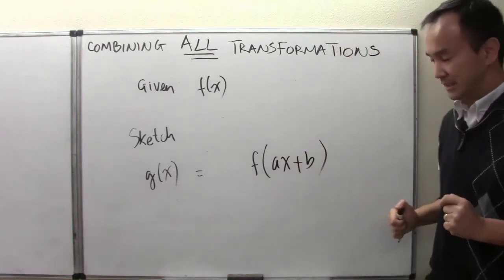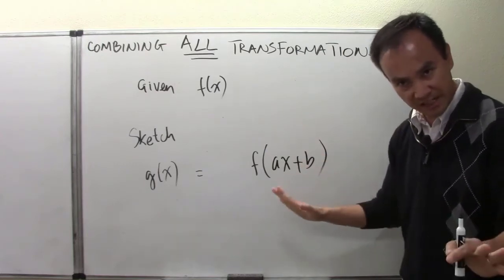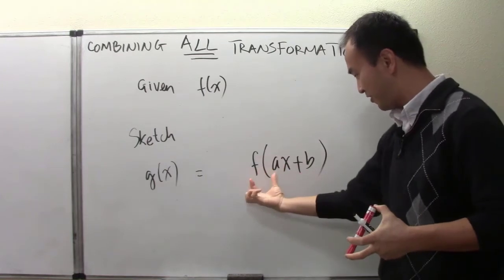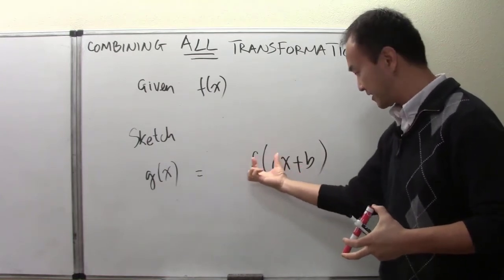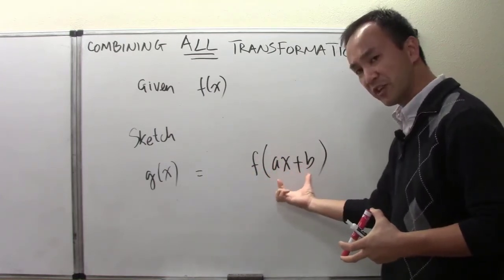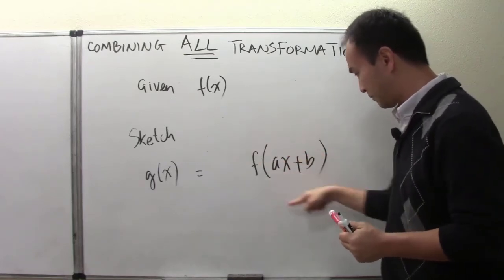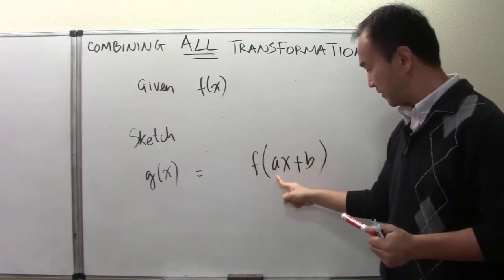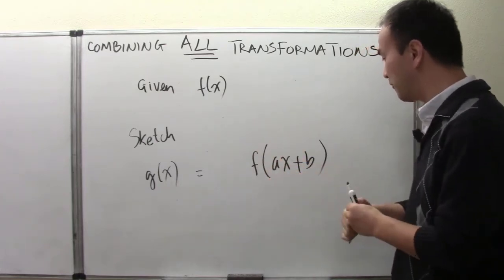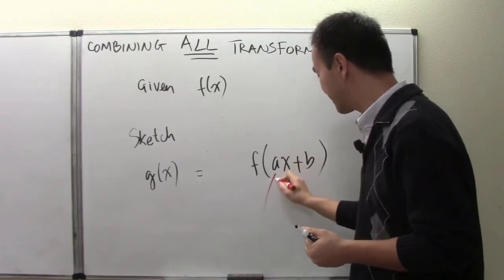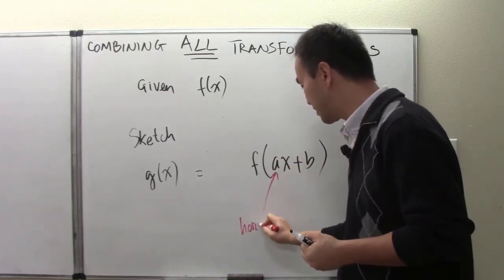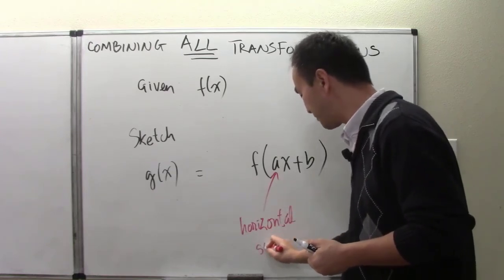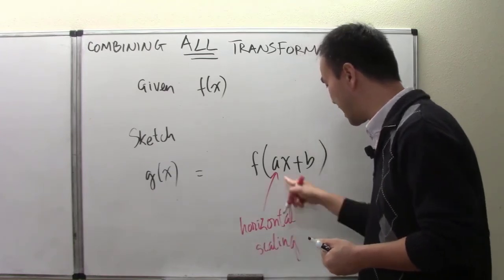We have seen through our earlier discussion that a function f of x that takes a linear expression inside of it will have the horizontal transformations combined. This coefficient is responsible for horizontal scaling, because that's what the a here explains.